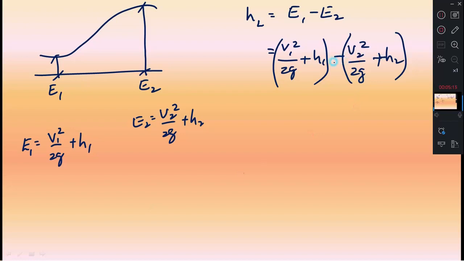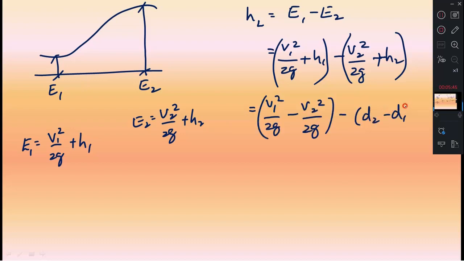Now we will send the minus inside, so this becomes minus, this becomes minus. Then V terms we will keep on one side and H terms on the other side. Then what happens? V1, correct? H2 minus H1. Here minus minus becomes plus, and minus H2, right?